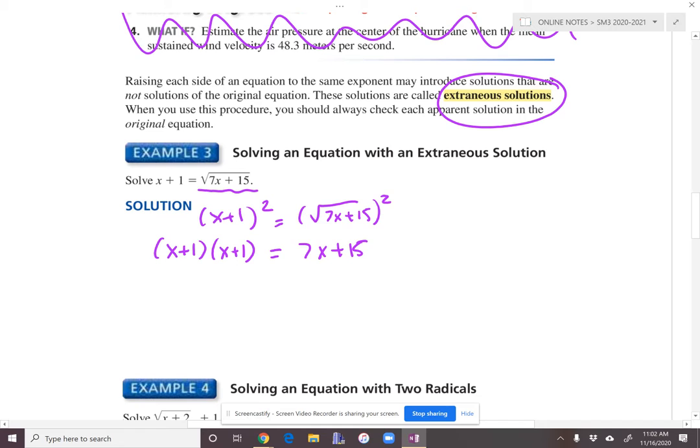Okay, when something's squared, that means that you have to multiply it by itself. So when we multiply this, I don't remember how you've learned how to. You may have learned a couple different ways, but x times x is x squared, x times 1 is x, 1 times x is x, and 1 times 1 is 1. Okay, and I'm going to combine terms.